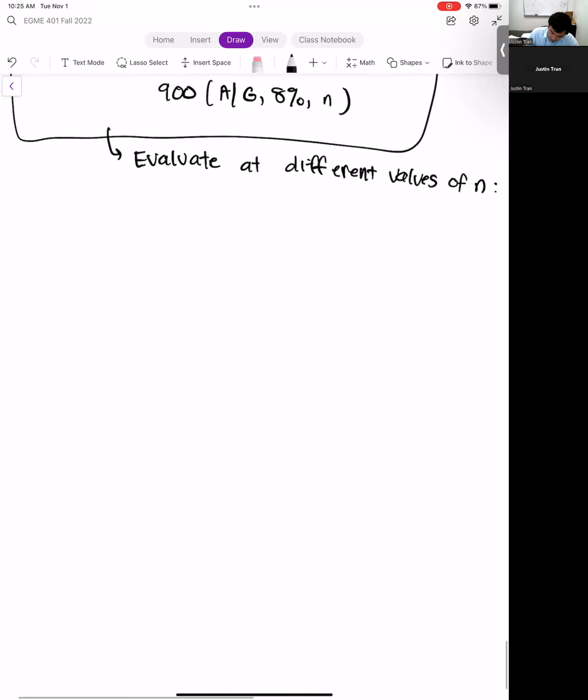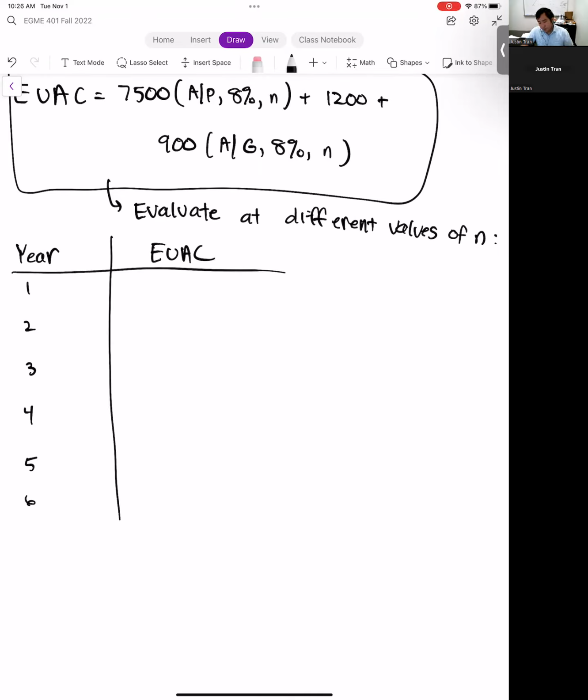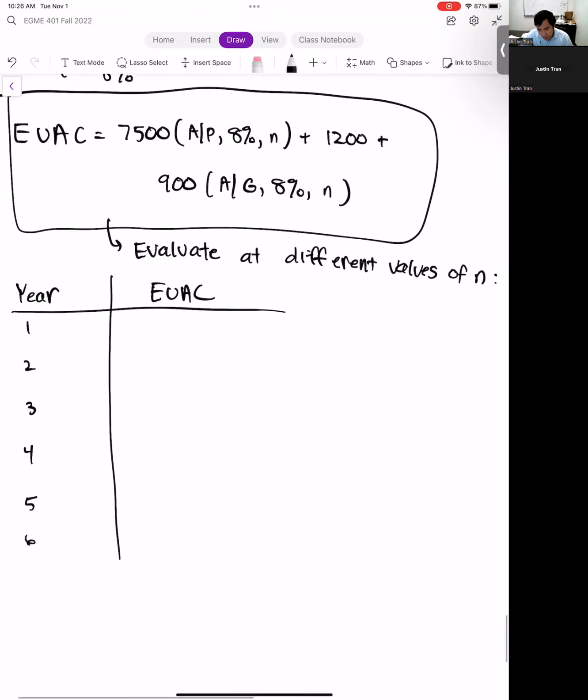I'm not going to evaluate each individual column because we're a little short on time, and I'm only going to go up to year 6. To get the values in this column, I'm plugging in different values of n into the equation above.